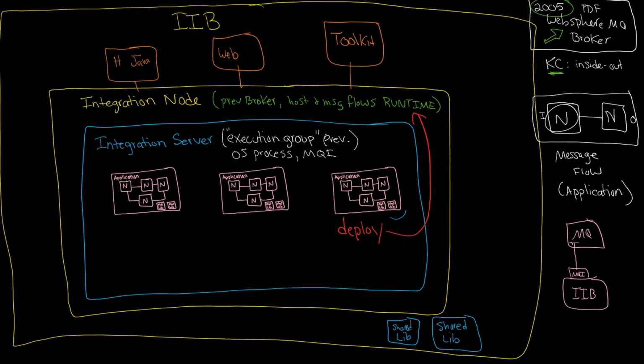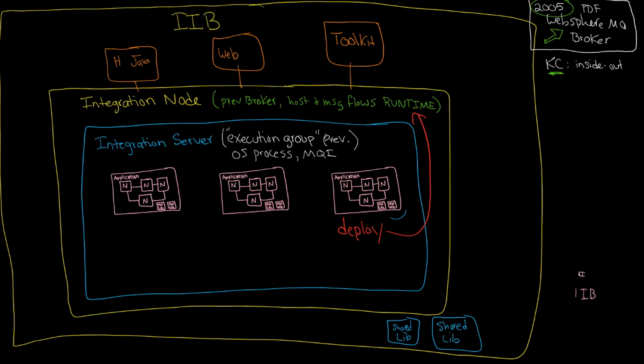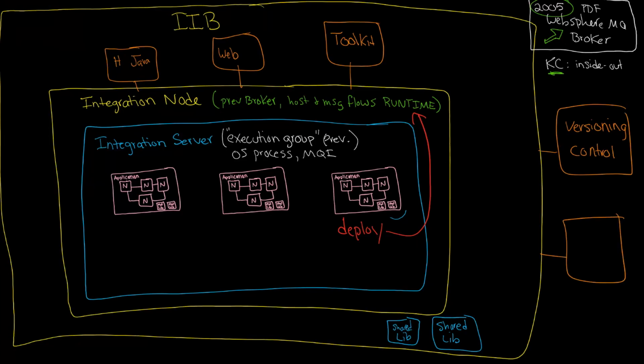And then separately, you may have some completely external system, like a versioning control system, so you can see changes, and that would be external. This would be called an external system, and you can have other external systems out here as well. In fact, one of those external systems, I really should not have drawn it like this, would be HTTP and Java clients. Those are external to IIB, and they come in and do some work.